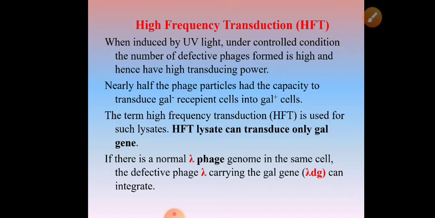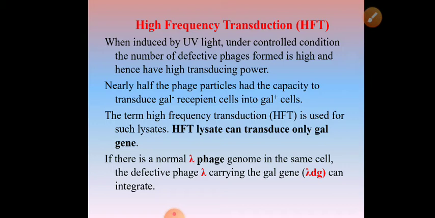The term high frequency transduction, HFT, is used for such lysates which have the ability to bring about transduction in high number. HFT lysate can transduce only the gal gene. It has the ability to transfer only the gal gene from donor to the recipient.